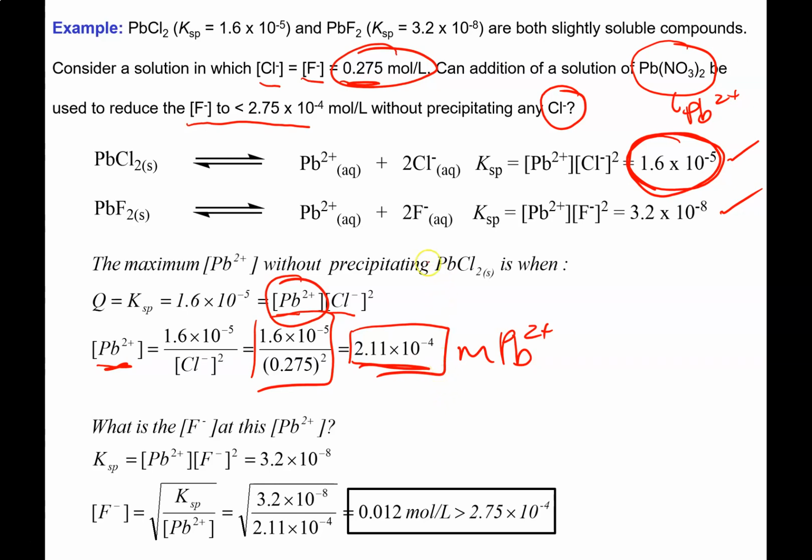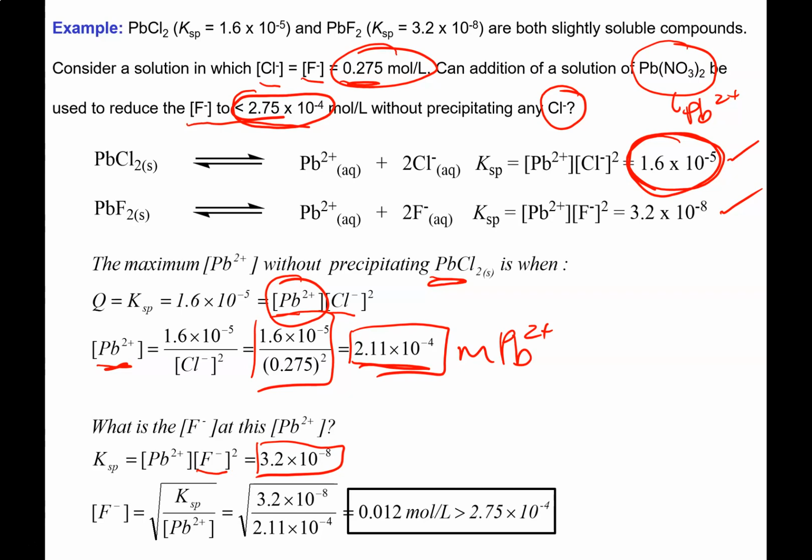lead chloride, right? Okay, so now my question becomes, what is the concentration of fluoride ion at this maximum lead concentration, and is that less than 2.75 by 10 to the minus 4? So Ksp for the lead fluoride is the lead ion concentration multiplied by the fluoride ion concentration squared, and I'm told that equals 3.2 by 10 to the minus 8.